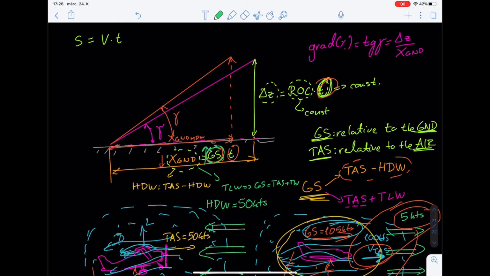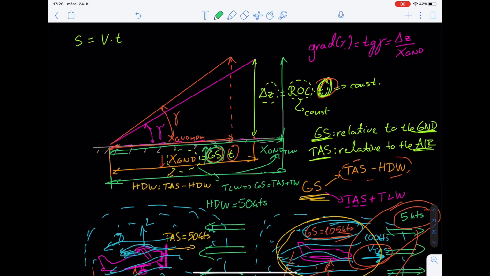So therefore, this x_gnd, if you have a tailwind, is going to be longer. So it's going to be x_gnd tailwind, this whole distance. The delta z is essentially going to be the same.